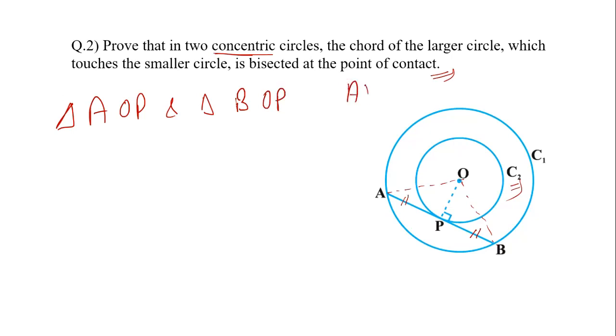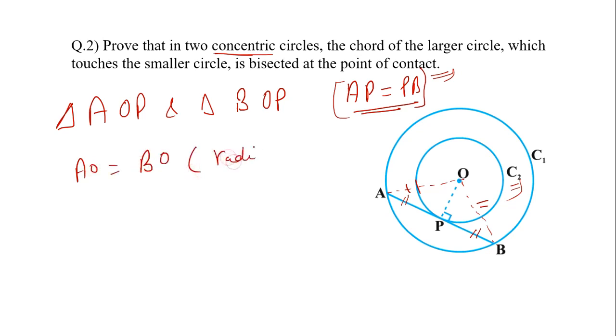We have to prove that AP equals PB. So in triangles AOP and BOP, AO will always be equal to BO because these are radii of the larger circle, and angle P is equal to angle P because these are perpendicular, and the third one, OP equals OP, common.